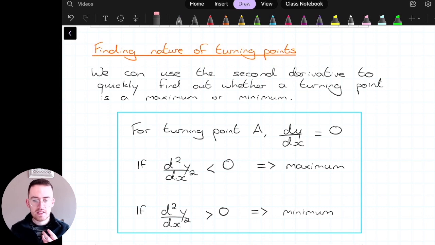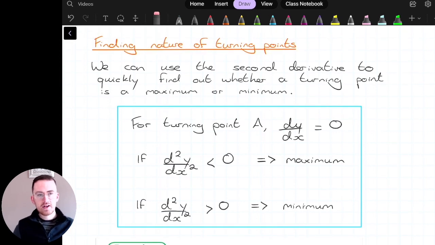And by talking about nature of turning points, we're talking about that maximum or minimum value. So for a turning point, I've just called it A here, it doesn't really matter. But for a turning point, we know that dy dx is equal to 0. And we said that in the start of this section. But what we also now are going to make note of is that at a turning point, dy dx is equal to 0, yes. And if the second derivative is less than 0, then we have a maximum turning point.